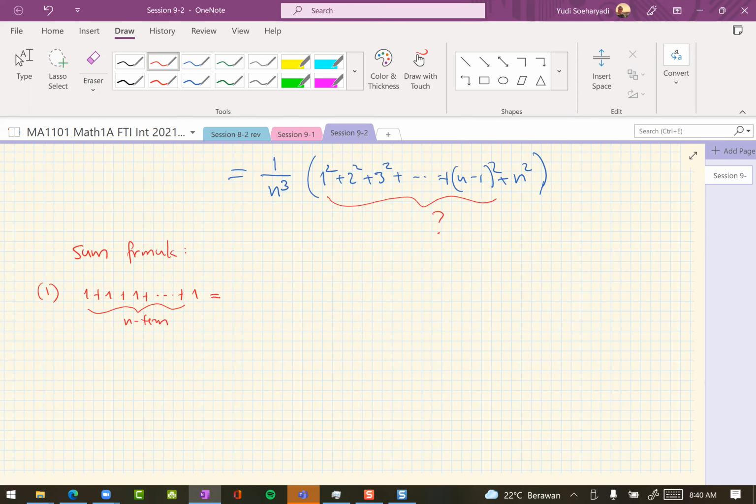What is the sum? You're adding 1, 1, 1, 1, 1, n terms. 1 times n.